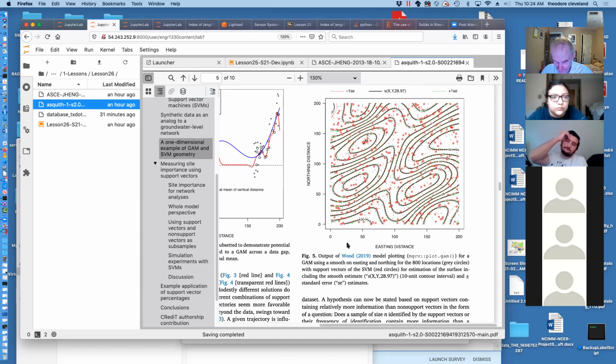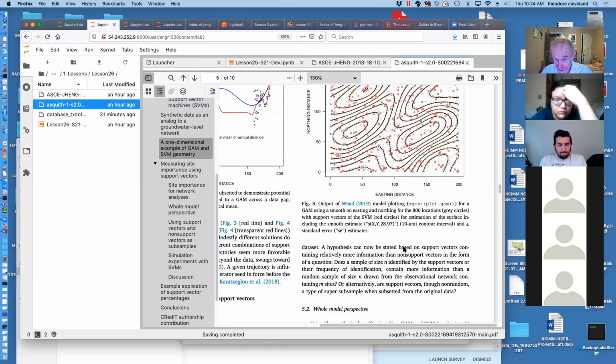But it depends on what the actual units of these easting and northing distances are. I'm thinking this is encompassing something the size of the state of Texas. So this represents nearly 1,000 miles in the horizontal and 1,000 miles in the vertical. So those little teeny variations are probably pretty substantial in real space.